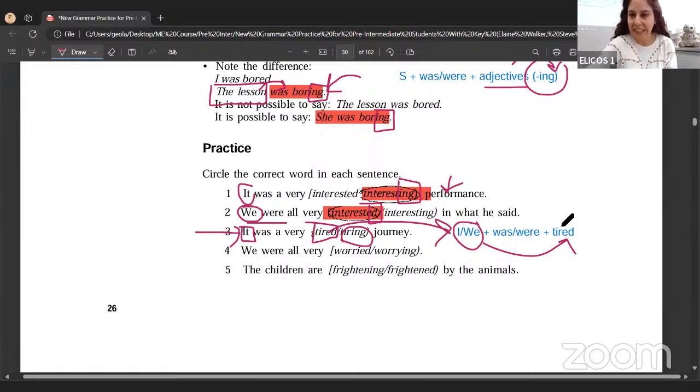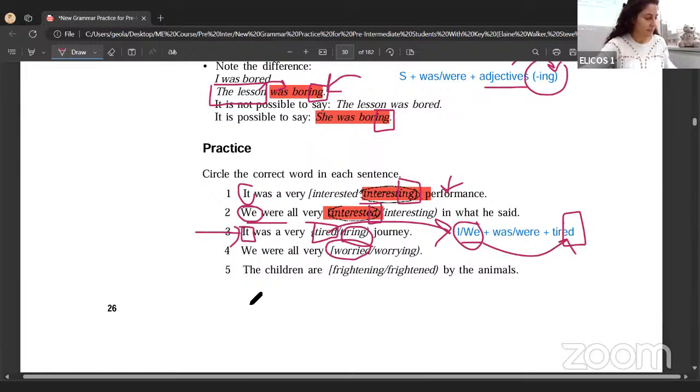So you can see the ed is more like an action here to a subject of I or we. So number 4. Worried. Yes, we were all very worried. Yeah, we were worried. Number 5.